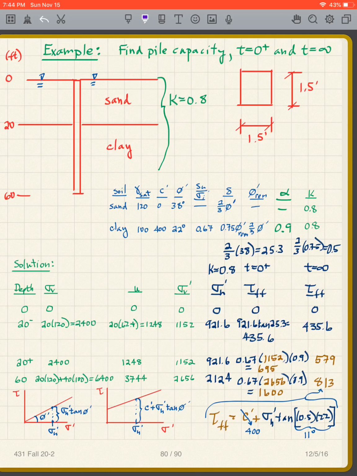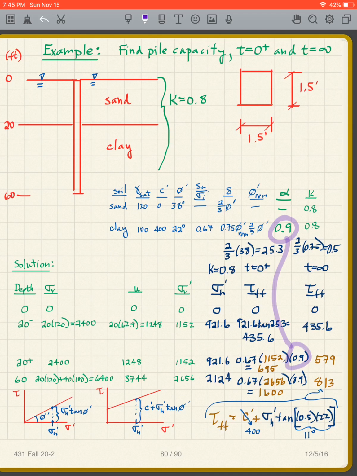Well, I need to use my SU over sigma prime I of 0.67. Here, the 0.67, my sigma prime I is 1152. 0.67 times 2656. So that gives me my SU at those depths, but then I have to apply my alpha factor of 0.9.